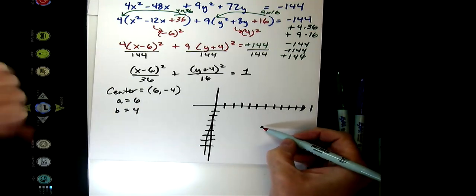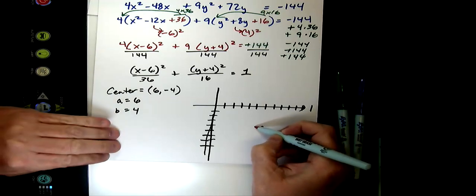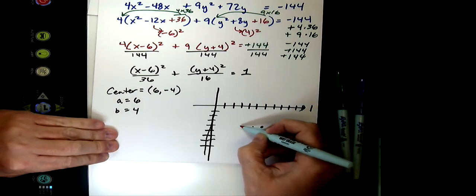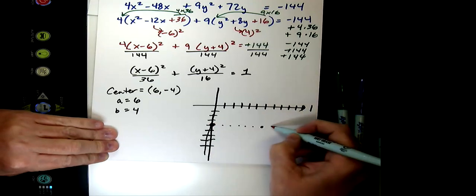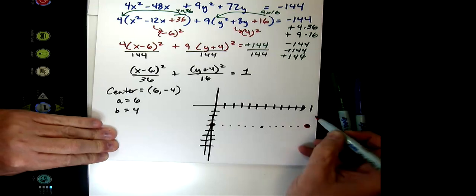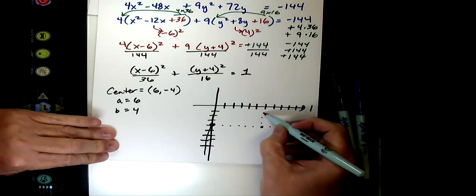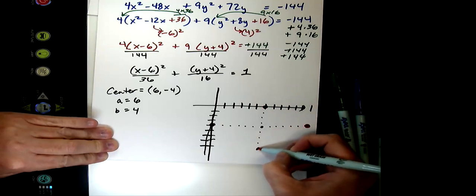Rather than doing it that way, it's easier just to count 6 left and right. Up 4 should put me on the axis there. Down 4 should put me on the axis right there.